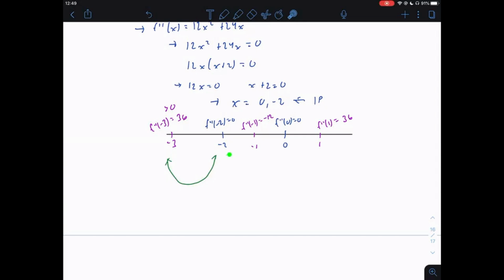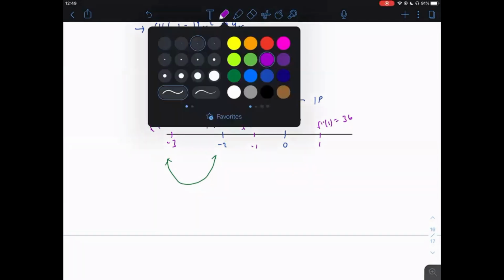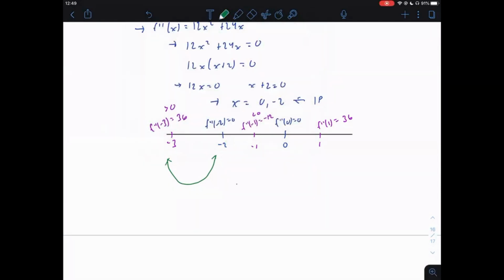But after -2, since the second derivative is negative, less than 0, our function started to concave down. It started to open downwards.